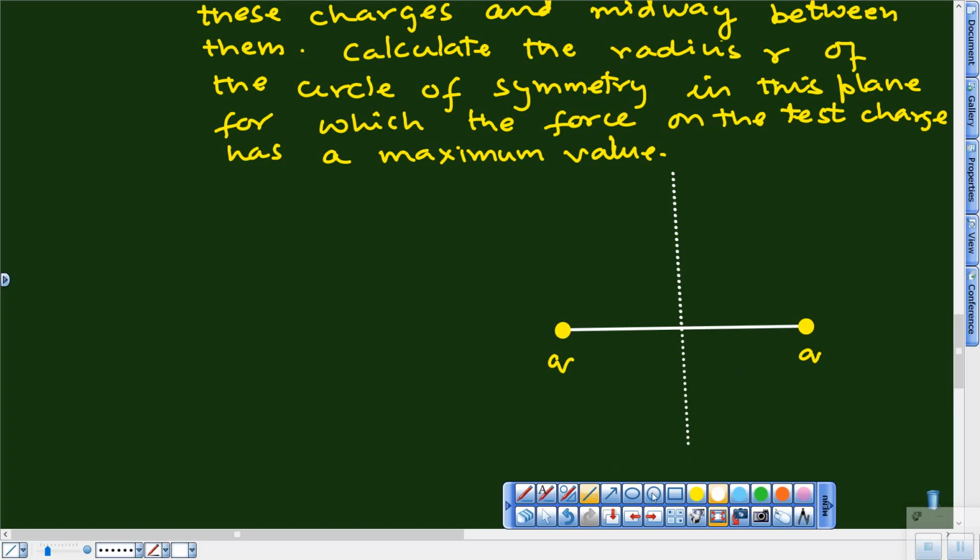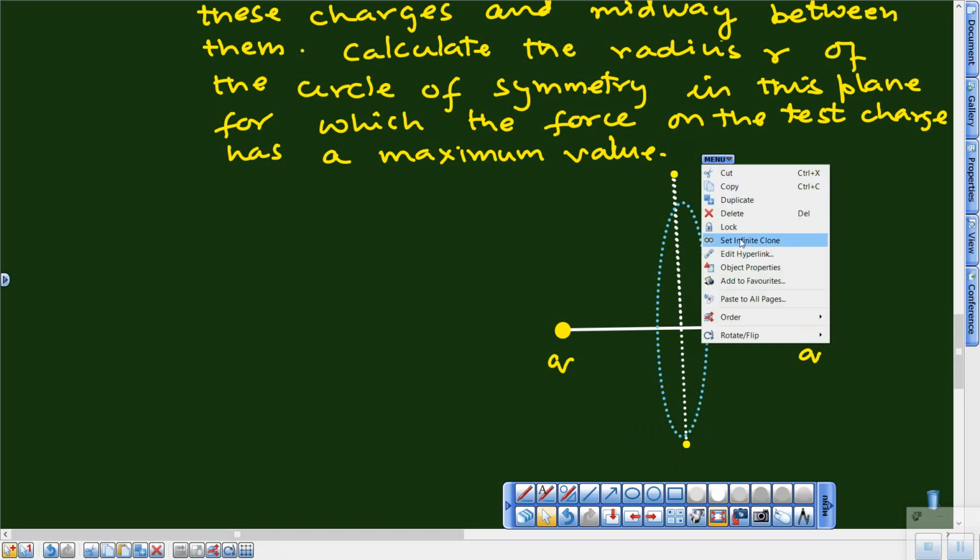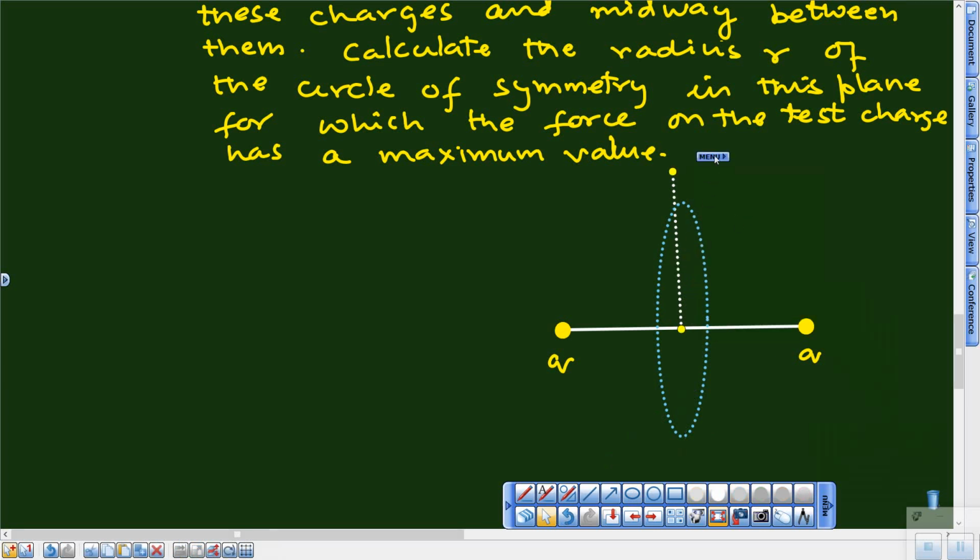Now what they're asking is, you have to find the radius of the circle. Let me do away with this and draw it correctly.